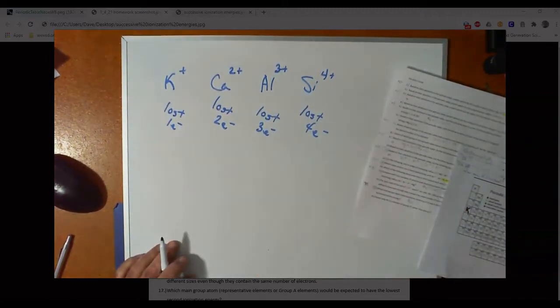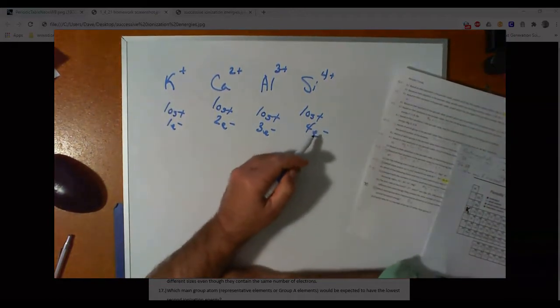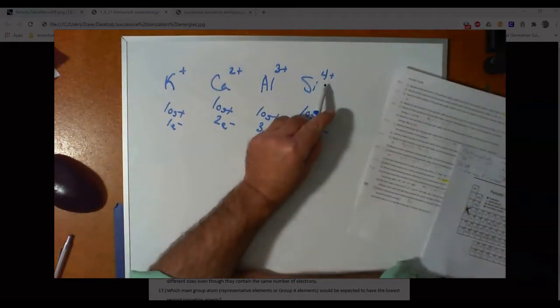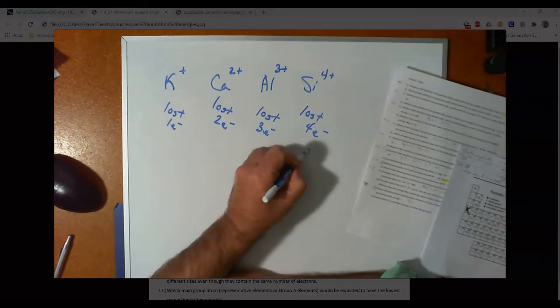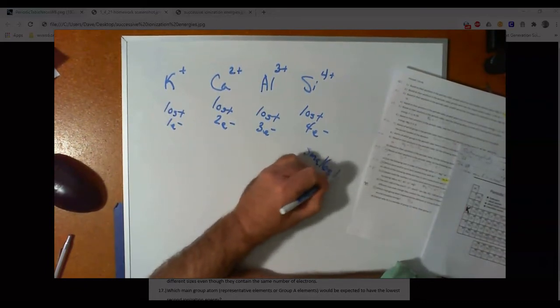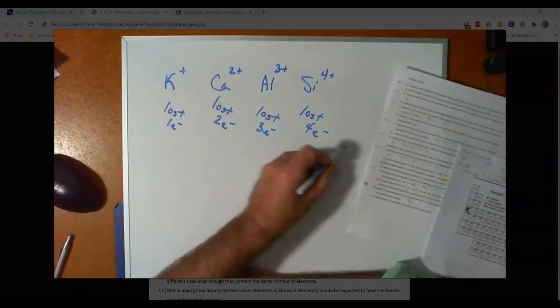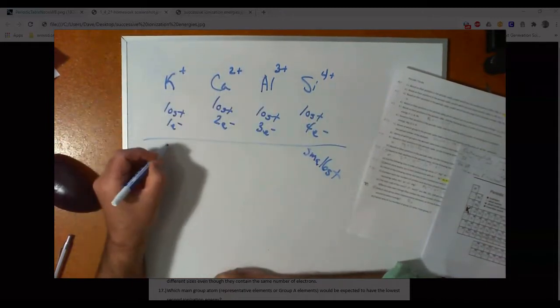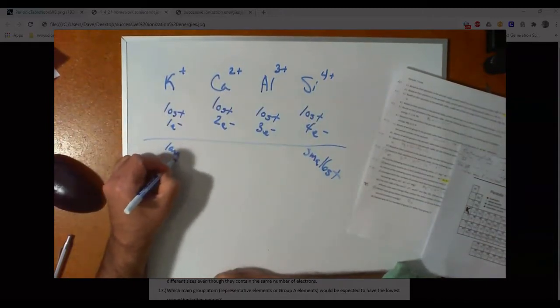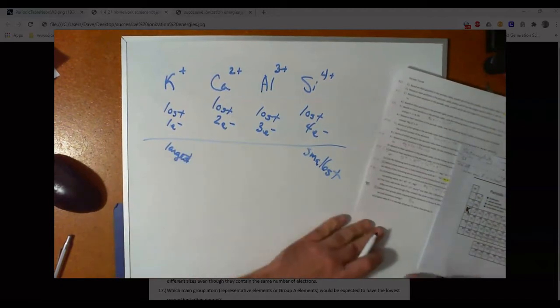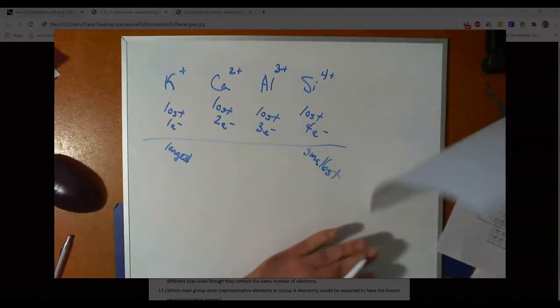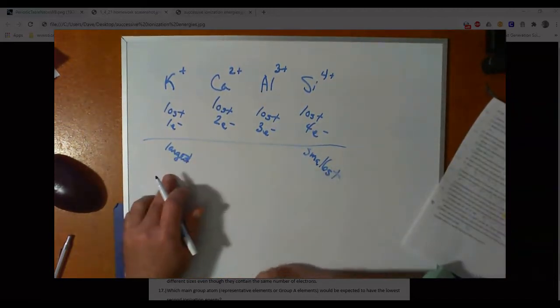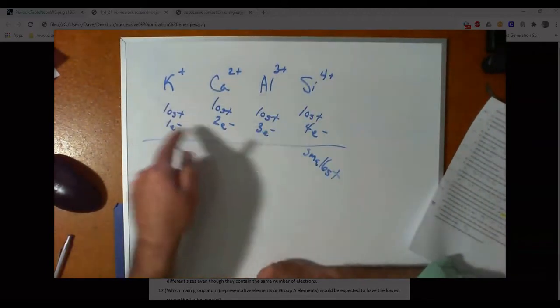So generally speaking, these are pretty easy. The one that's lost the most electrons or has the highest positive charge is going to be the smallest, right? Whereas the one in this case that has lost the least amount of electrons is going to be the largest. So the correct ordering here from smallest to largest is exactly the opposite of how it's listed here.